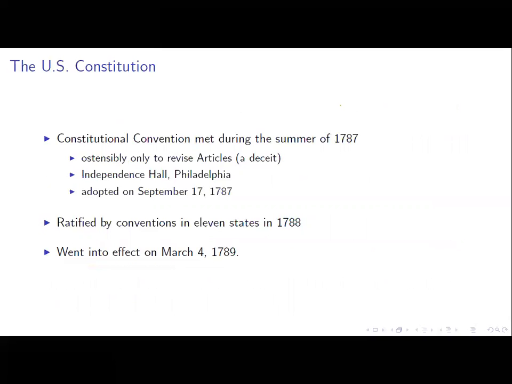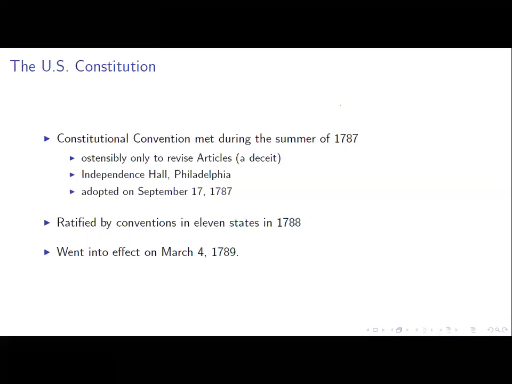It starts off as a convention promised to revise the Articles of Confederation, partly to allow revenue, but also to facilitate something more. There's a recognition that they need to raise revenue partly to pay off the debt, and also to do some internal improvements, to build canals and roads that are going to cross state lines, and how to do that.